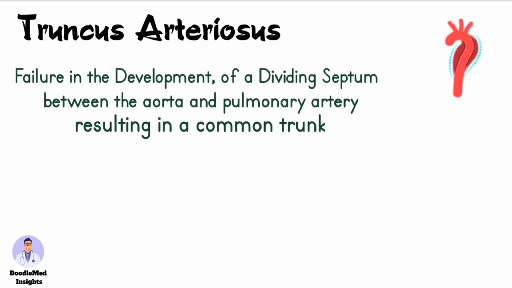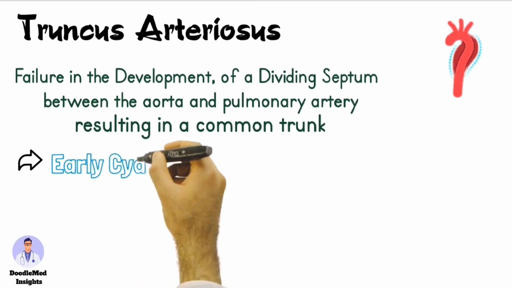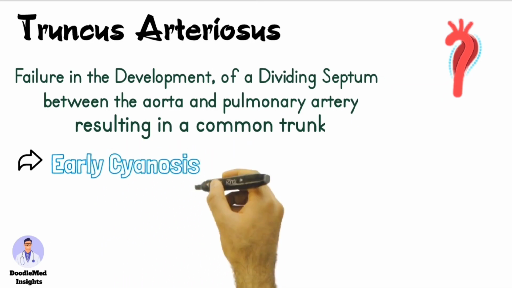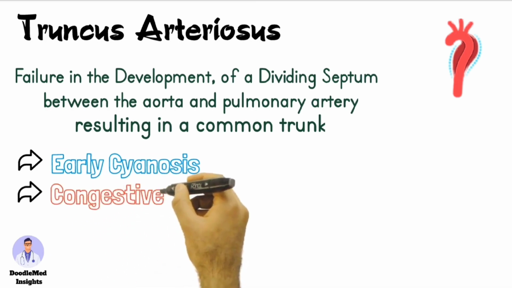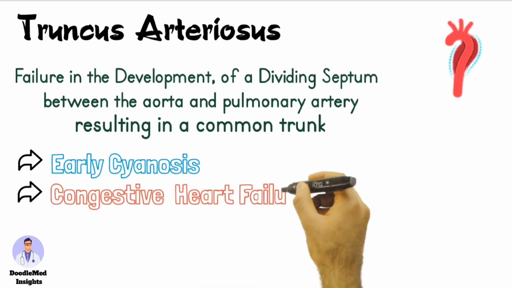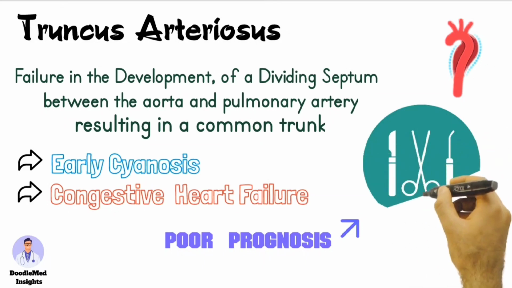As you can imagine, this abnormality can have serious consequences for the affected individual. Infants born with Truncus Arteriosus often present with early cyanosis and symptoms of congestive heart failure. The prognosis for individuals with this condition is generally poor without surgical intervention.